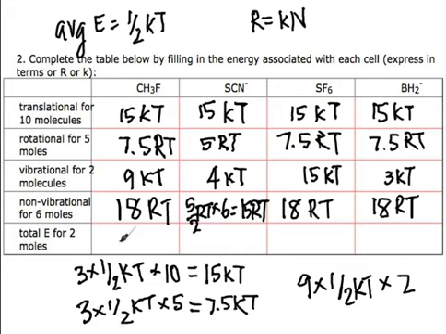In this situation, the 1/2 and the 2 can cancel out, so we're only calculating the 3 times N. So we're going to have 15 RT. For this one, we have 3 atoms, so this is going to be 9 RT. SF6 has 7, so this is going to be 21 RT. And then BH2 minus has 3, so that's going to be 9 RT.